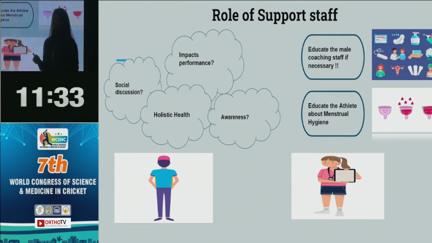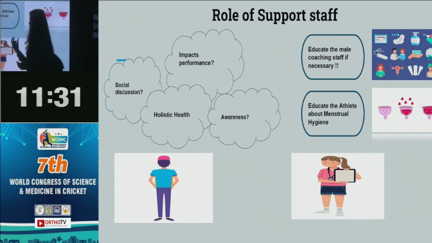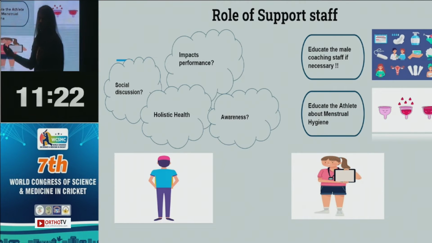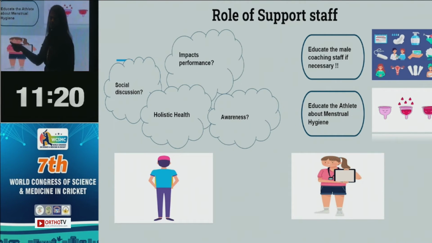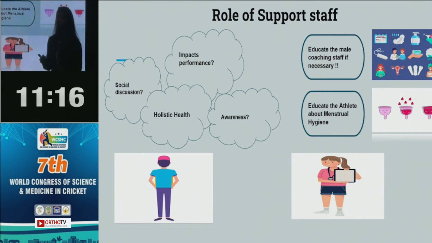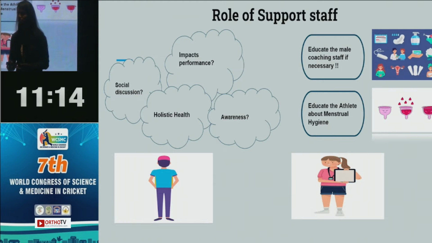Does it affect her? Maybe a few people have a different perception, like it is a very common thing, every month she undergoes it and it is fine, she must be used to it. Maybe. There may be perceptions about her own symptoms as well, correct? And then social discussions. How many of you are comfortable discussing it with your support staff?